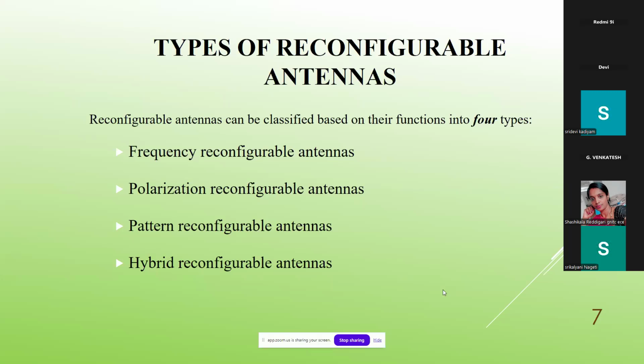Similarly, pattern reconfigurability, where we can get radiation patterns oriented at different angles. And hybrid is a new technique. Nowadays, we can find many papers on this hybrid reconfigurability in IEEE Transactions and other journals. This is a combination of frequency and polarization together, or frequency, polarization and pattern altogether, or polarization and pattern together. Like this, we can go for hybrid reconfigurable antennas also.